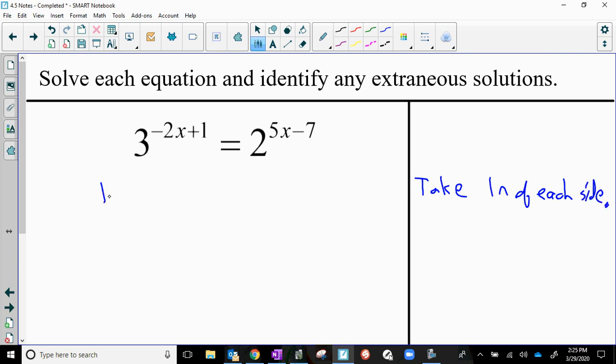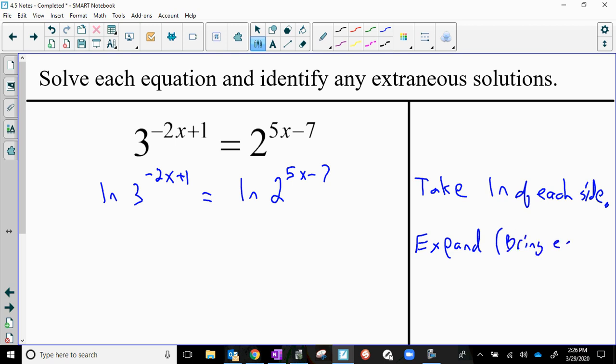So I'm going to take the natural log of 3 to the negative 2x plus 1, and I'm going to take the natural log of 2 raised to the 5x minus 7. That's our first step. Our next step is we're going to expand. We're going to bring the exponent out in front.